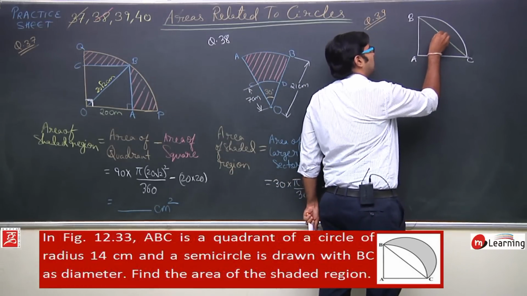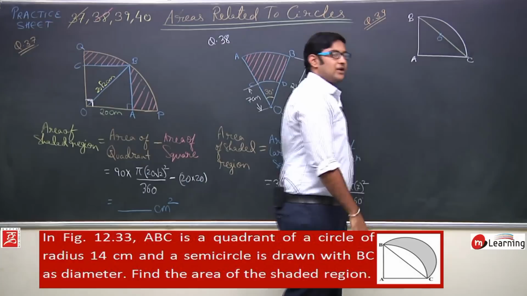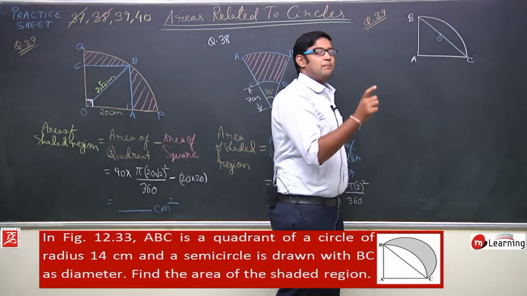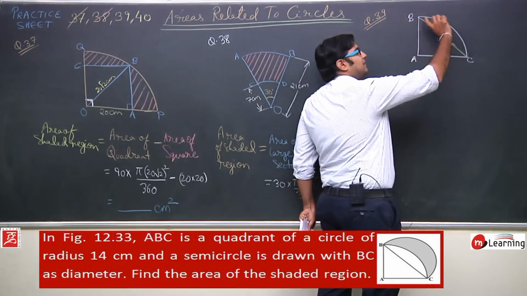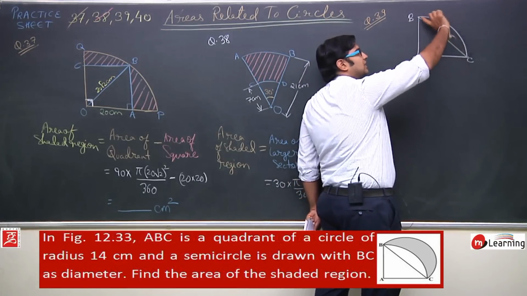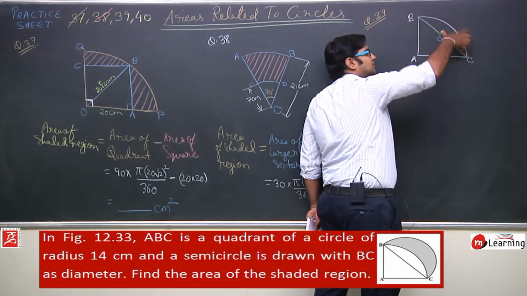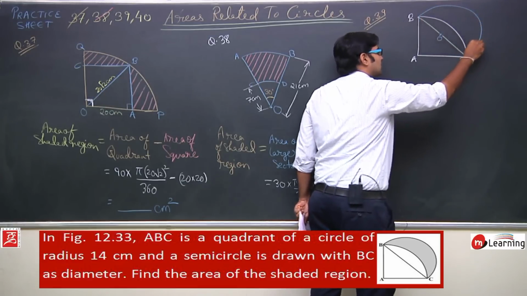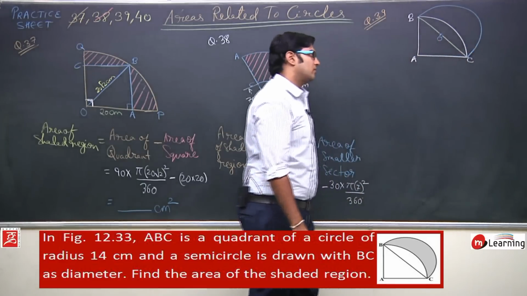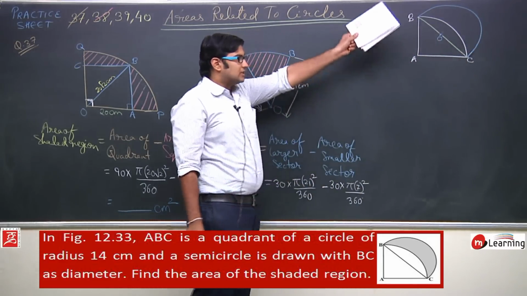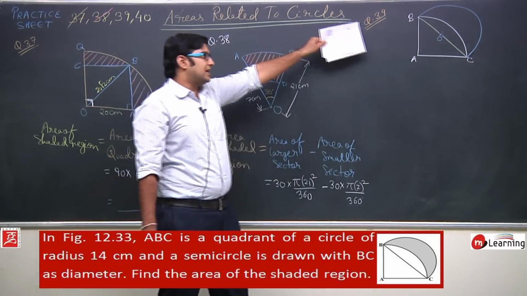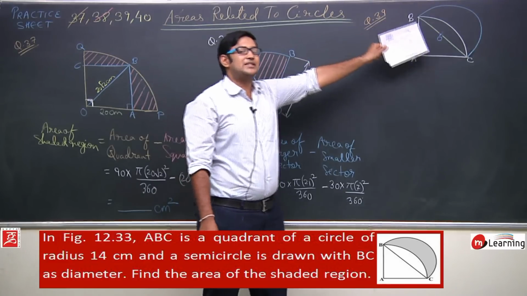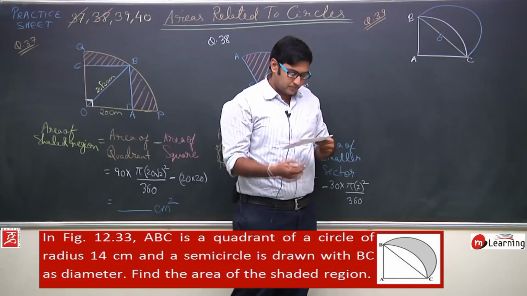Let us say this is the midpoint, O. Then I will use my compass and keep the needle here and the pencil at B or C, and draw an arc like this. When I draw an arc like this, this will give you a semicircle. You will find this blue line indicates the semicircle with BC as the diameter.